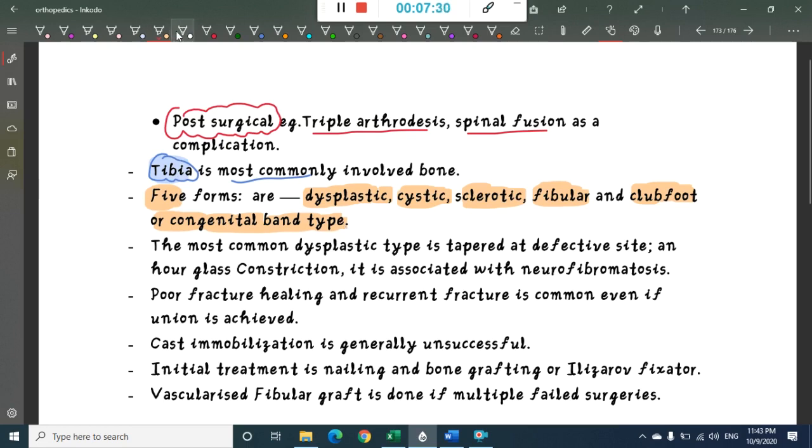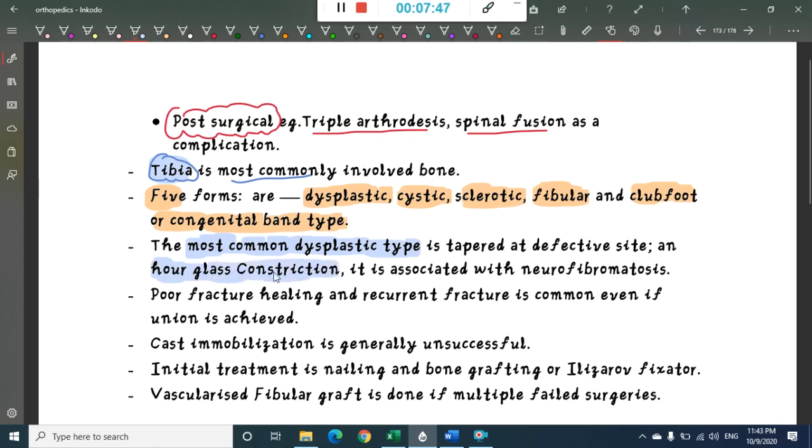Okay. Now the question is, what is the most common type? Dysplastic type. The most common dysplastic type is tapered at the defective end, and there is something called hourglass constriction.